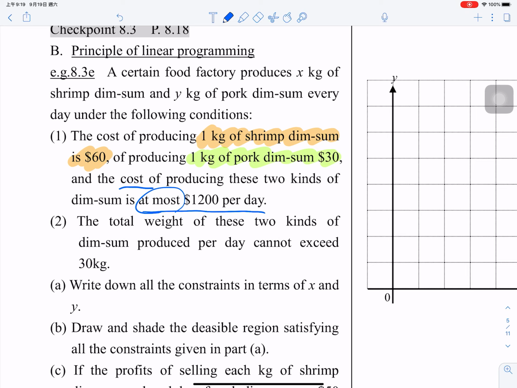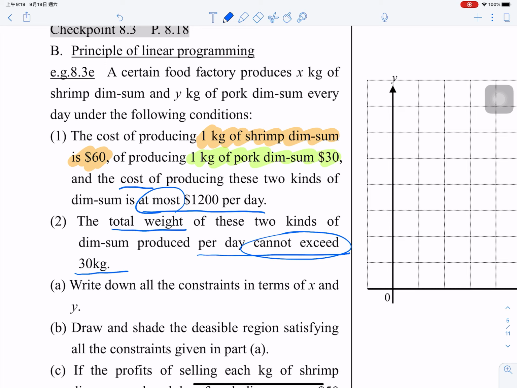Second, the total weight of these two kinds of dim sum produced per day cannot exceed 30 kilograms. So you see that these two are the conditions, right?